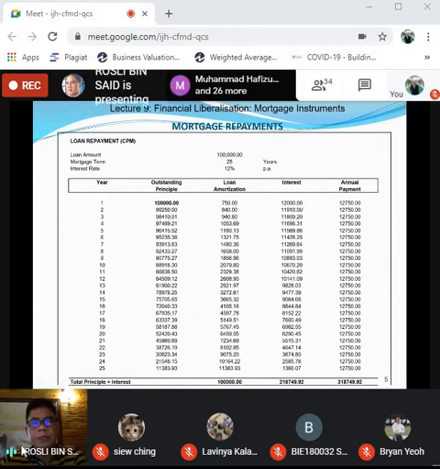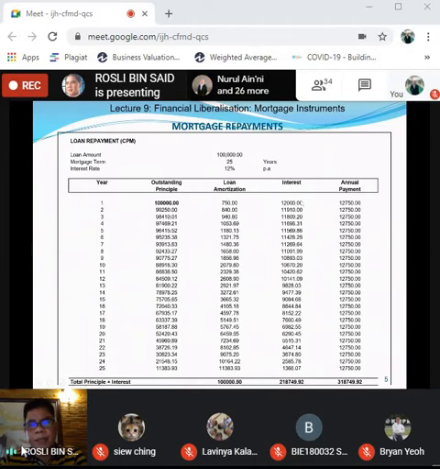So we pay 12,000 ringgit here, and then, like we have seen before, the balance will be 750 after we deduct 12,000 from 12,750.